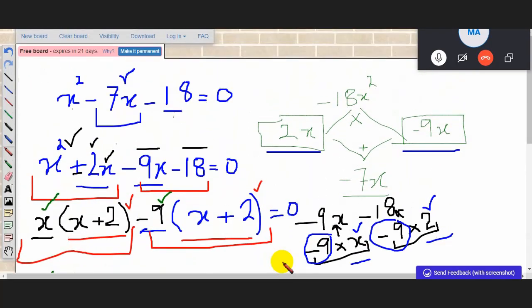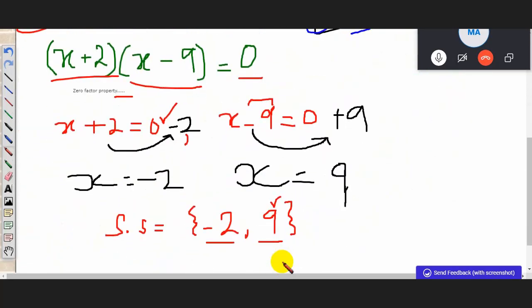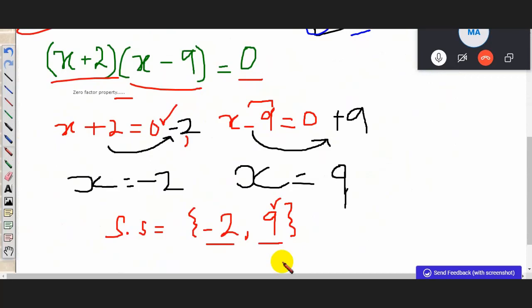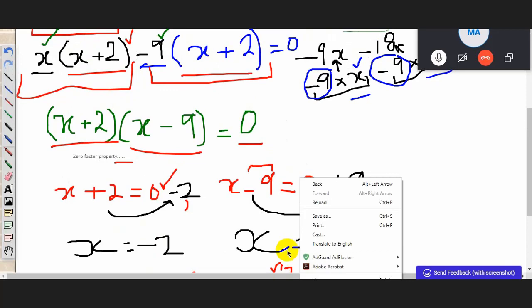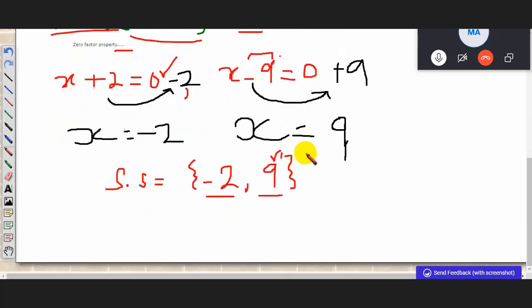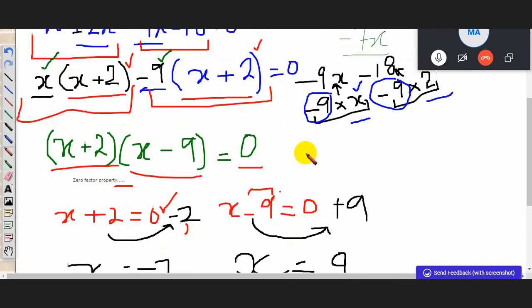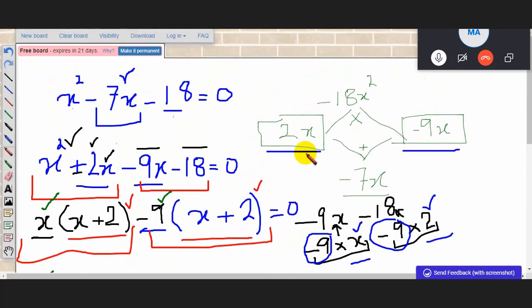Whatever the degree of the equation is, that will determine the roots of the equation. You know roots? The solutions, the values of the variable. Here the degree of the equation is 2. That's why we got 2 values. If the degree is 3, then we will get 3 values. If the degree is 4, then we will get 4 values at the end.